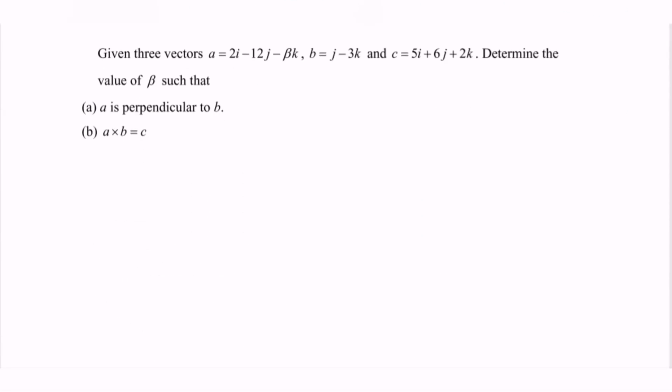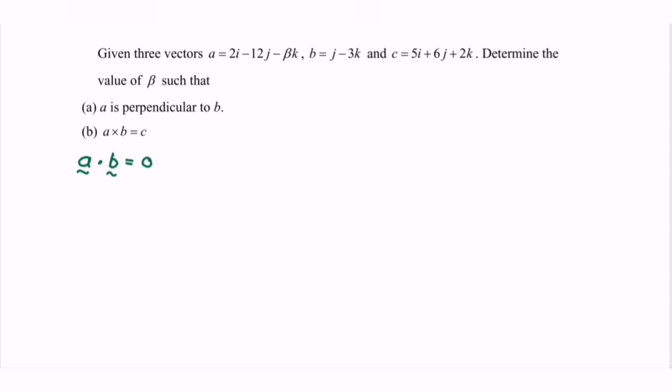Next, kindly refer to the next problem. Given three vectors, A equals 2i minus 12j minus beta k, B equals j minus 3k, and C equals 5i plus 6j plus 2k. Determine the value of beta such that A is perpendicular to B. So here we have A dot B is equal to 0.